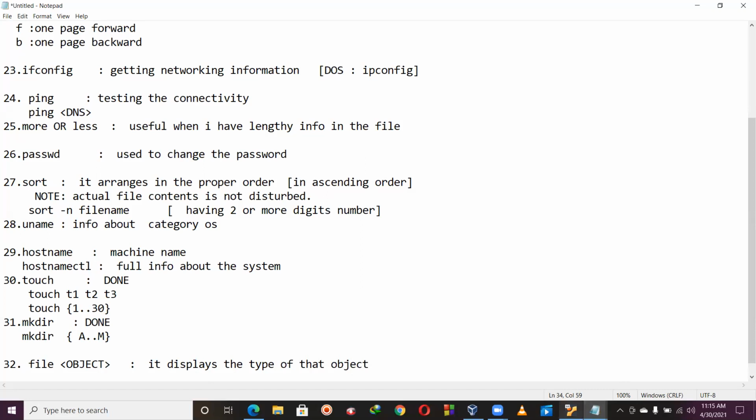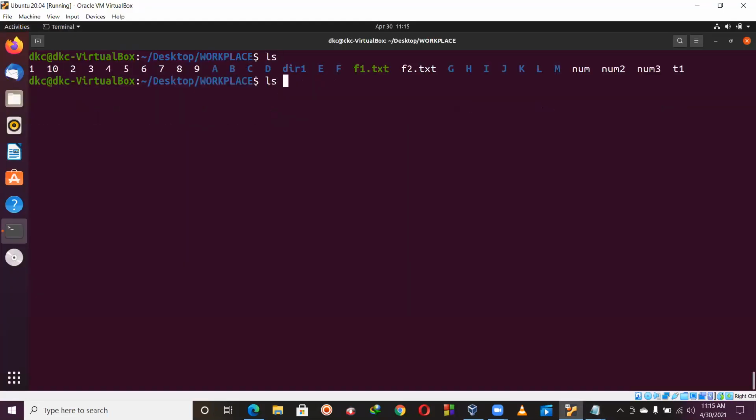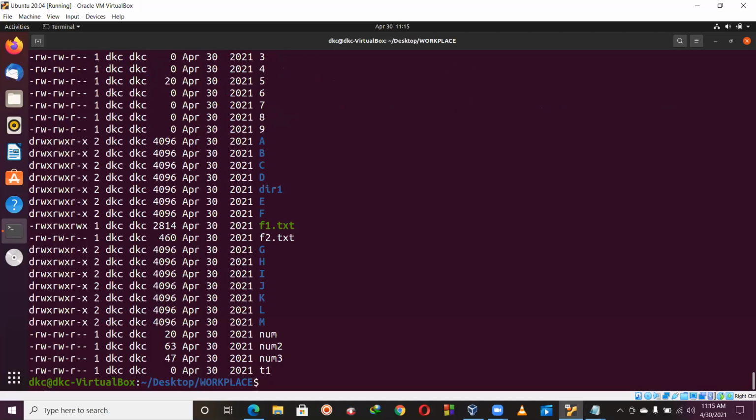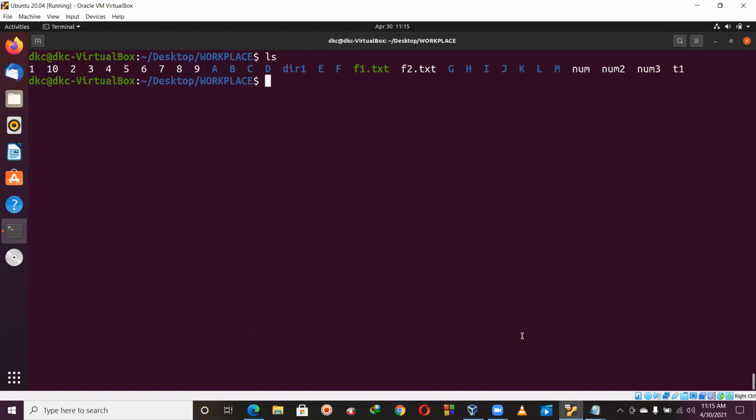For example, suppose I have so many things here, ls -l. Suppose I want to know about f2.txt. So here I have to write file f2.txt. It gives us the information: it is ASCII text. Understand?